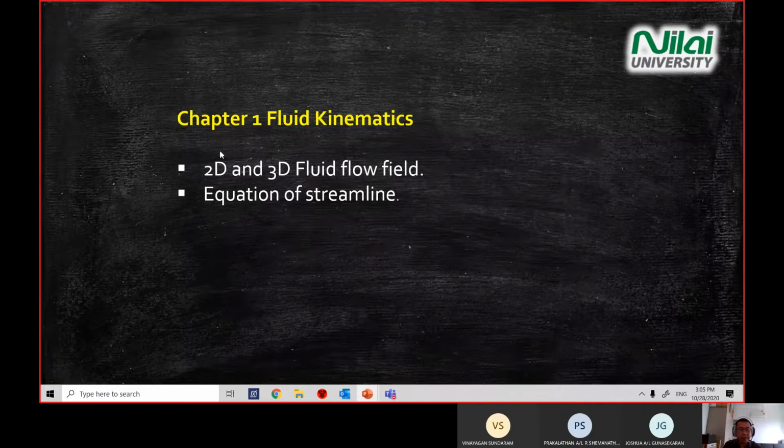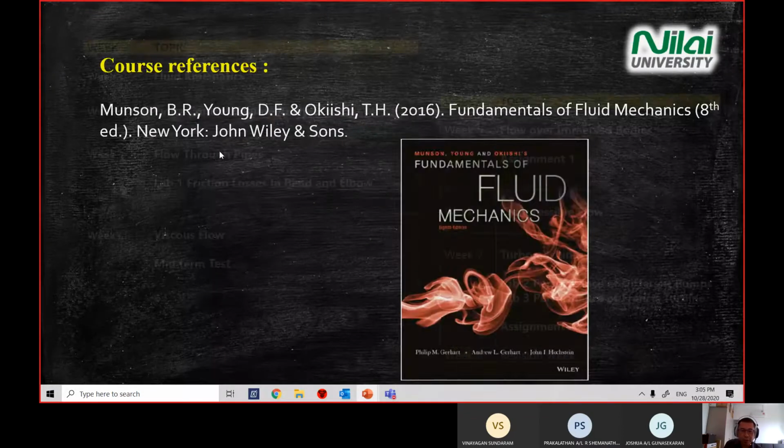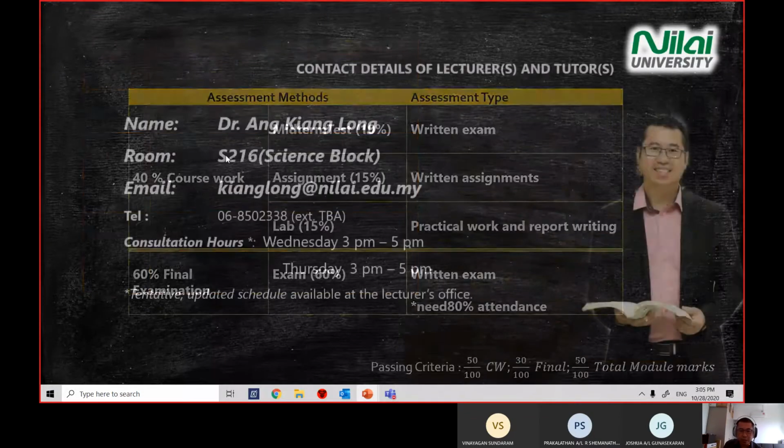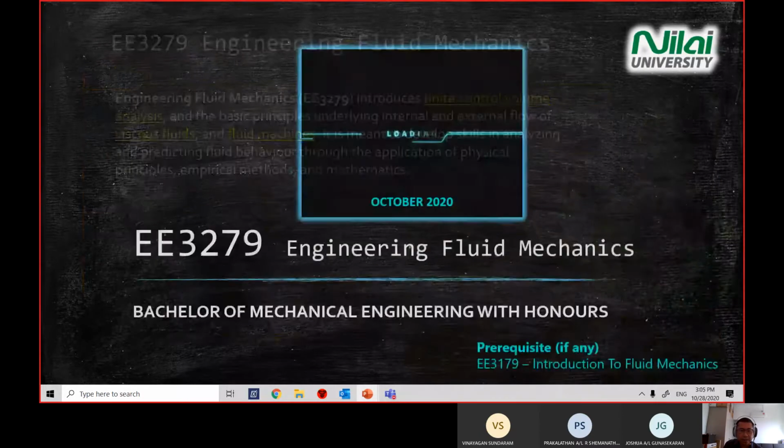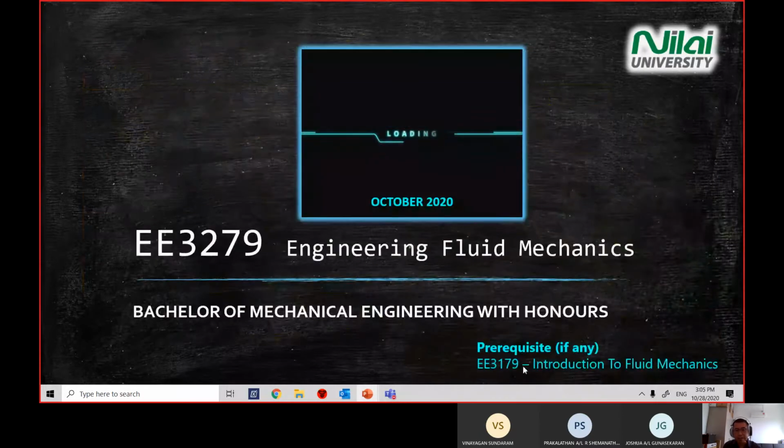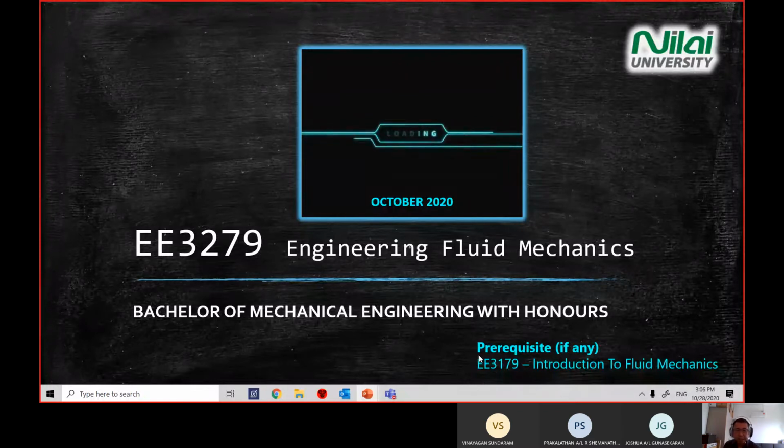Of course, in this module you need to make sure you understand introduction to fluid mechanics, because this module has a prerequisite, meaning we assume that whatever was covered in 3179, introduction to thermal fluid mechanics, you already understand. So if anything relates to 3179, I will just mention a little bit, but I won't go deep into what was already covered in 3179.